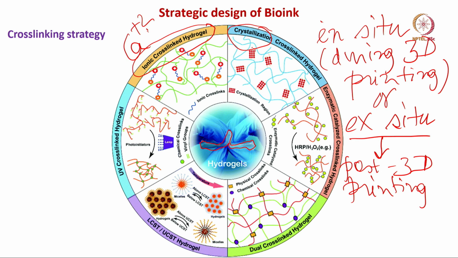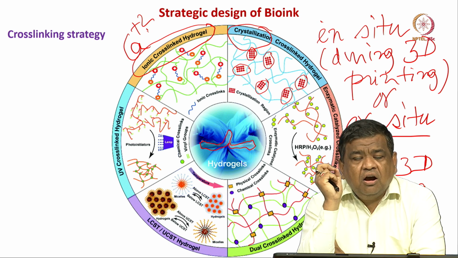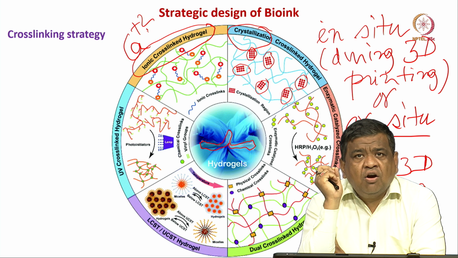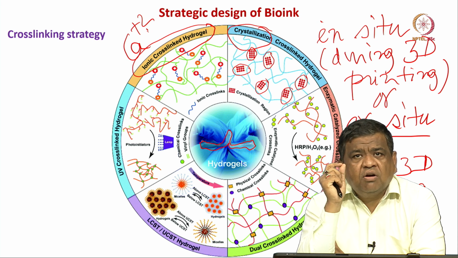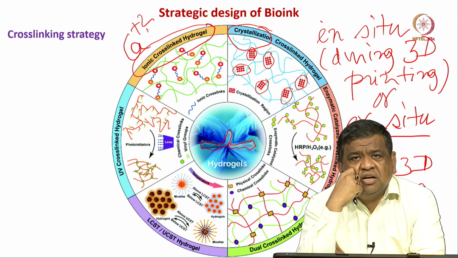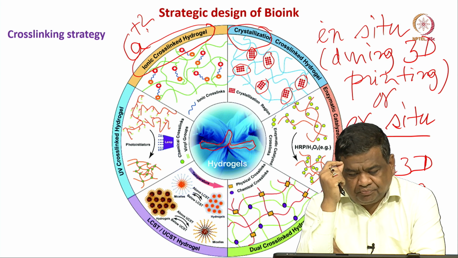So in a specific domain within the hydrogel framework structure, you have a small crystalline domain, because you recall our discussion in the context of polymer. In the context of polymer, crystallization essentially means there is an ordered or localized ordering of atoms in a micro domain within the polymer network structure, and those localized domains you can consider as the crystallized domain.